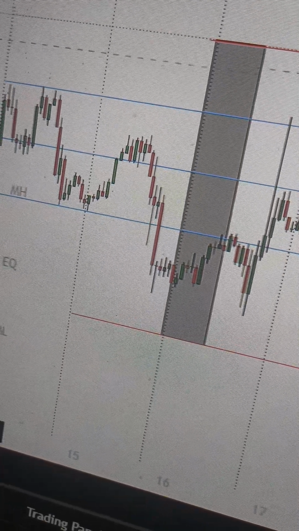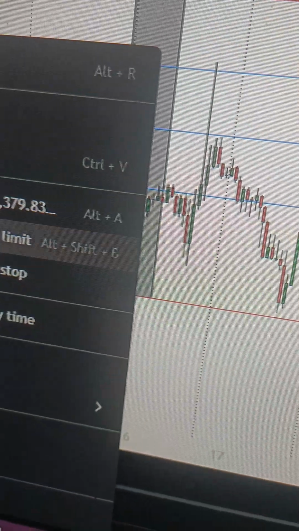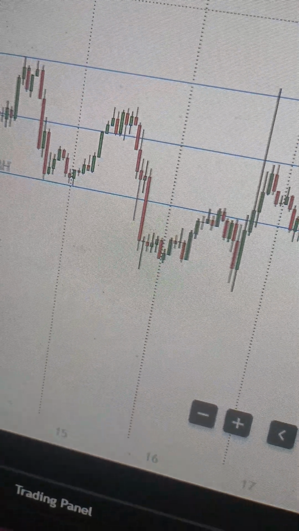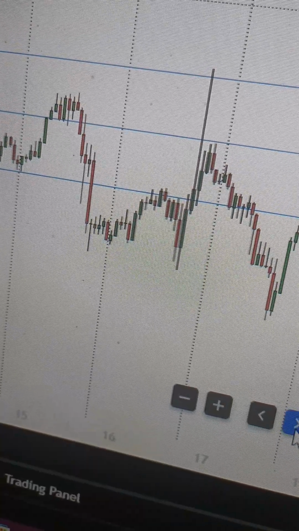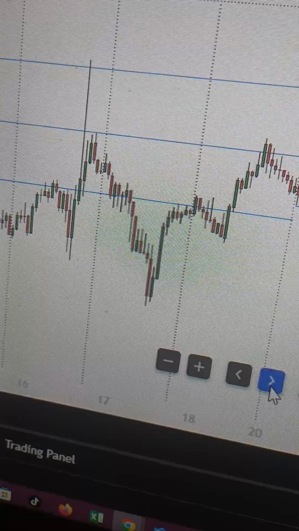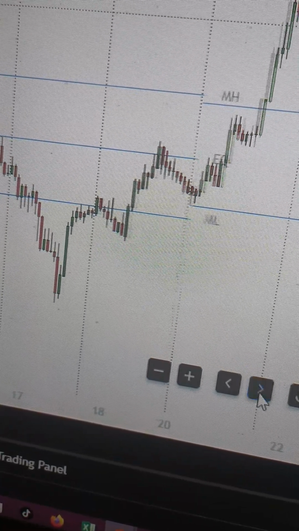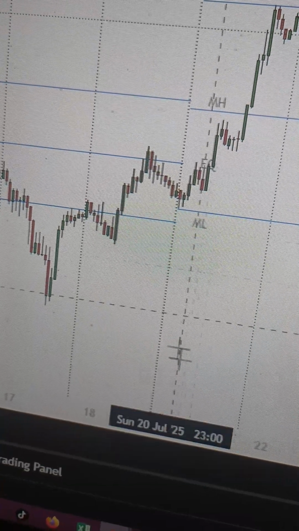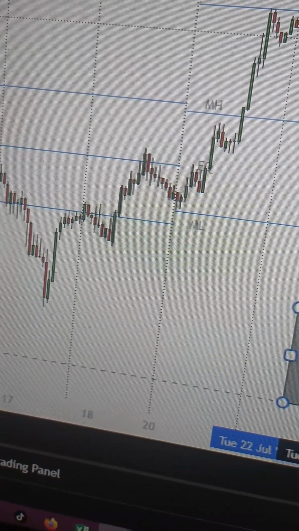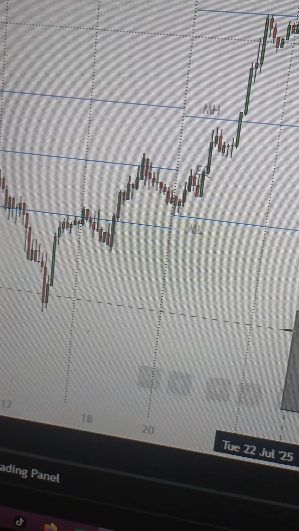Let me do it in a clean place, because I really don't want to be vague. I know that feeling when someone is explaining something and they are vague and you're trying to figure out what these people are saying. So let me draw this. This is Monday range.